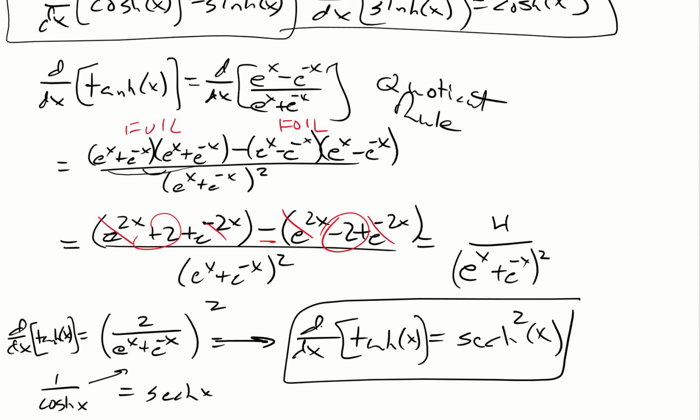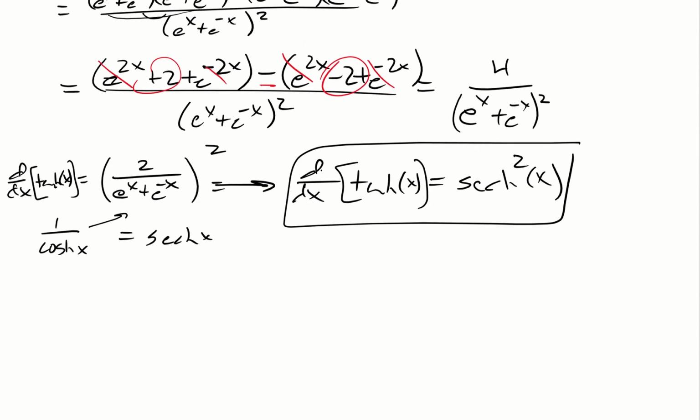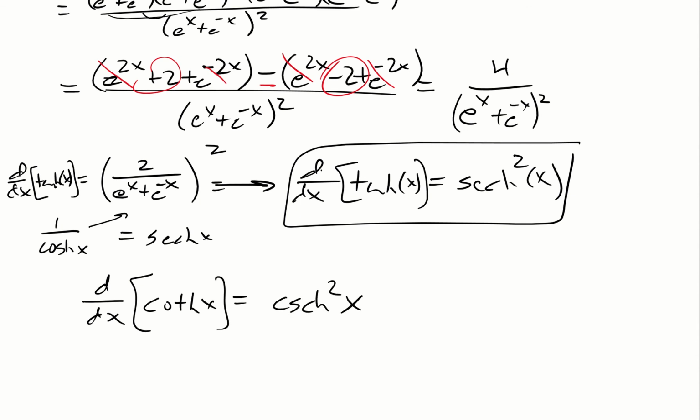So the derivative of, say, cotangent is no longer negative cosecant squared, it's hyperbolic cotangent derived is positive. Let me write it. So the derivative with respect to x of coth x, hyperbolic cotangent, is hyperbolic cosecant squared x, and that's it.